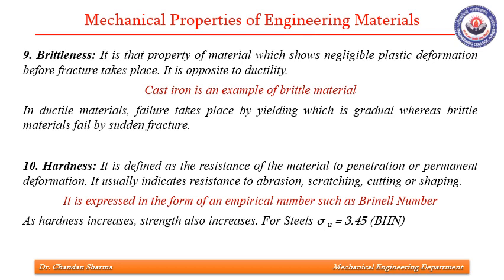As hardness increases, strength also increases, and there is an empirical relation between the hardness and its ultimate strength. For steels, sigma ultimate is given by 3.45 times BHN. So we can use this relation.